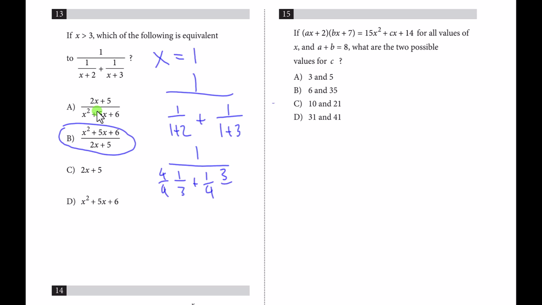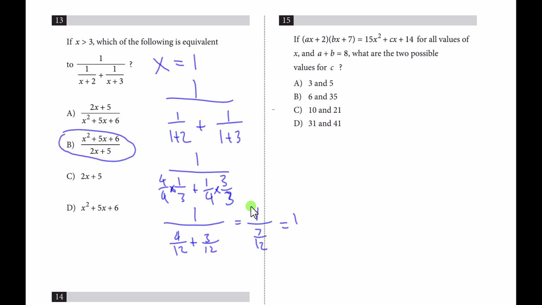This multiplies by 3 over 3. And then we're going to end up with 1 over 4/12 plus 3/12. That's going to give us 1 over 7/12. 12 over 7. Okay, so that is the answer. This 12 over 7, that is the answer, assuming that x is equal to 1.